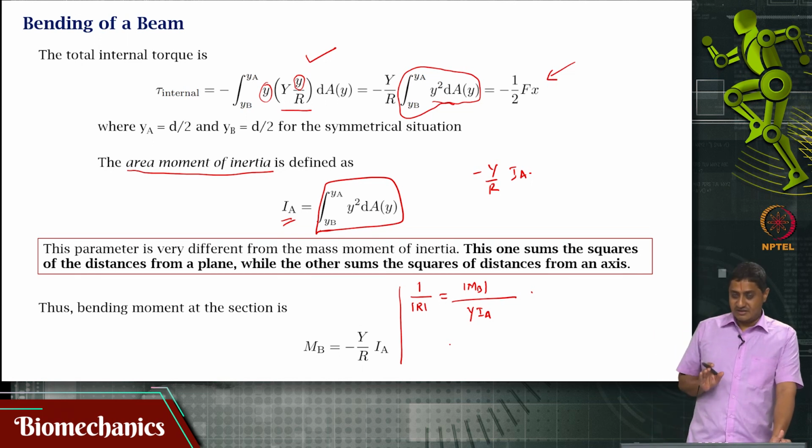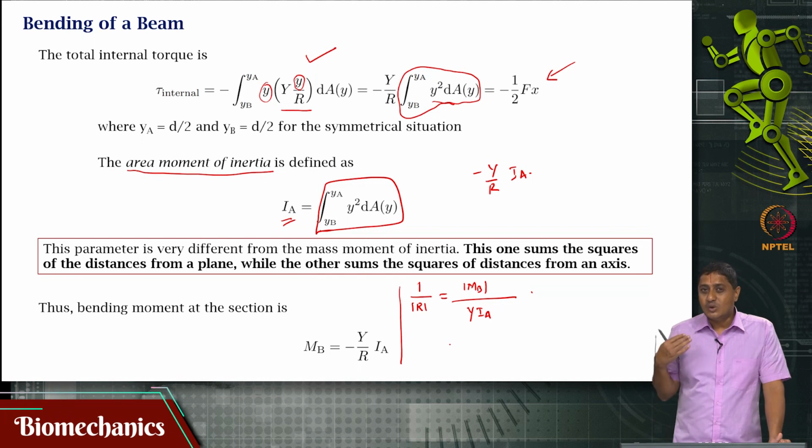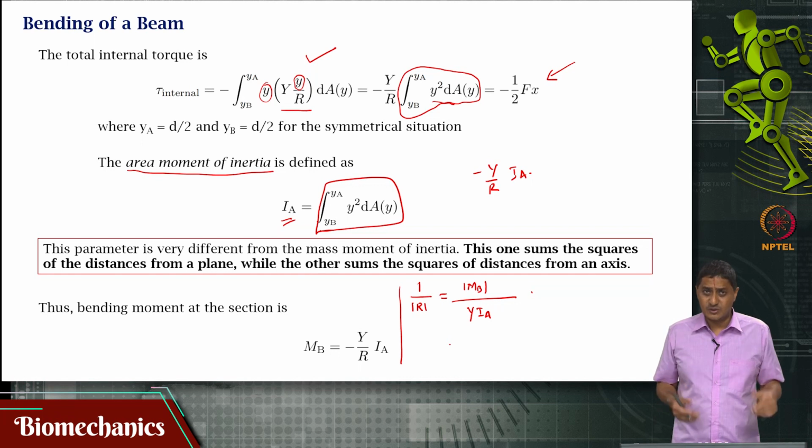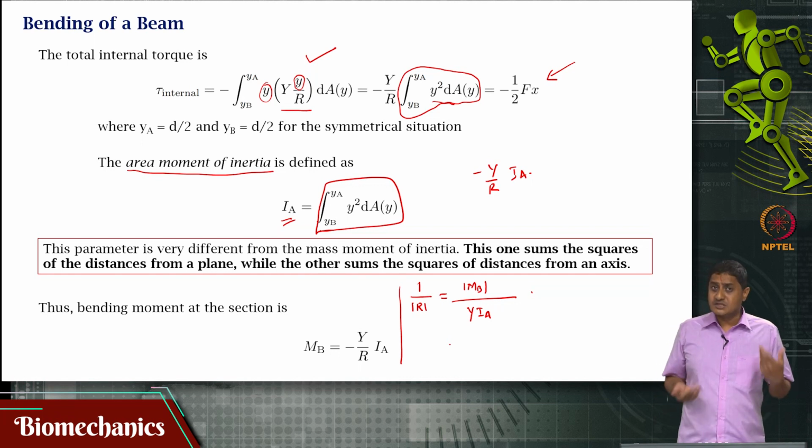Let us review this one more time. I know that this material is composed of something whose property I know, whose Young's modulus I already know. So, I know capital Y. I also know the applied load through MB. I know both.